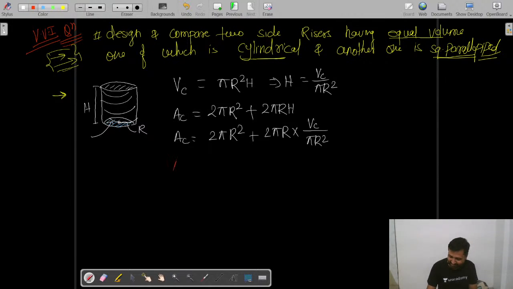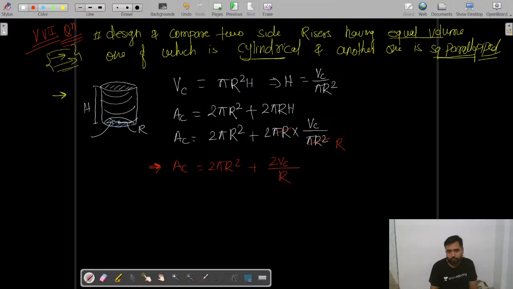So this Ac will become 2 pi r square plus, pi r and pi r cancel r, this will be 2 Vc upon r. We have brought this Ac term as a function of r.